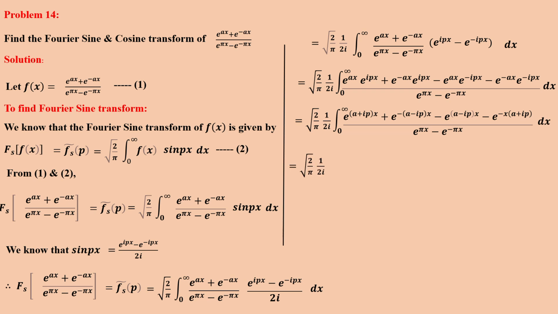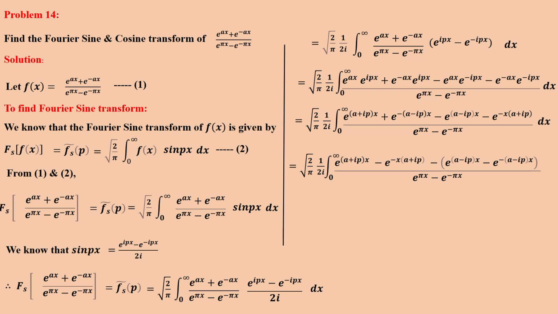So this is equal to root of 2 by pi, 1 by 2i, integral 0 to infinity, e power a plus ipx into x minus. We are grouping a plus ip power in one term and a minus ip in the e power in another term.